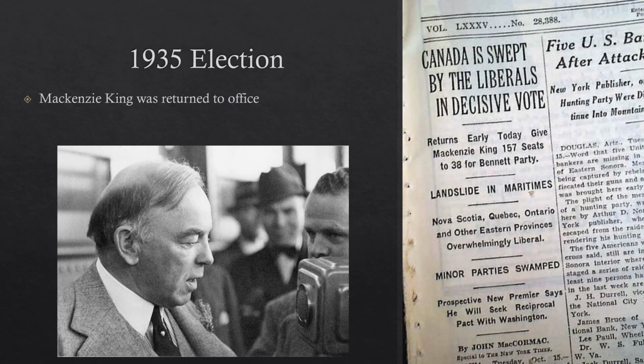So by 1935, the Depression was still going on, and that meant that all of R.B. Bennett's changes that he had made, none of them had really had the desired effect of changing anything in the Great Depression. And really, that was pretty much the same news everywhere else in the world as well. And so the public was obviously very dissatisfied with this political leadership. And in 1935, Mackenzie King found himself swept back into power and becoming prime minister once again.